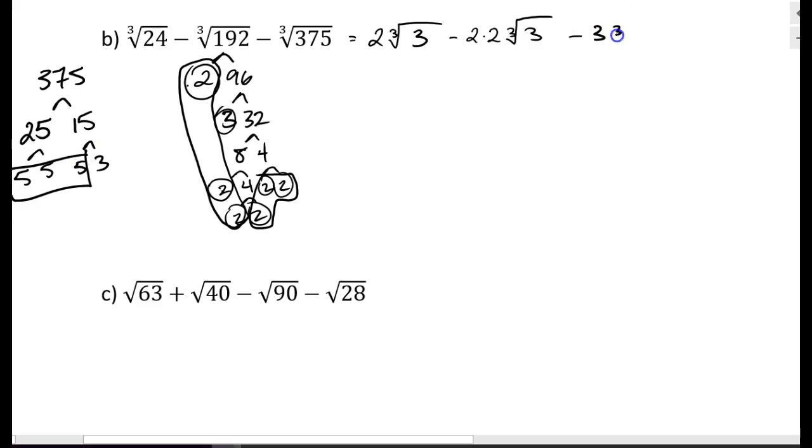So we've got 3 cube root 3 again. Now you'll notice that all of our radicals are the same. So when we go to simplify this, we've got 2 minus 4 minus 3. 2 minus 4 is negative 2, minus 3 is negative 5 cube root 3.